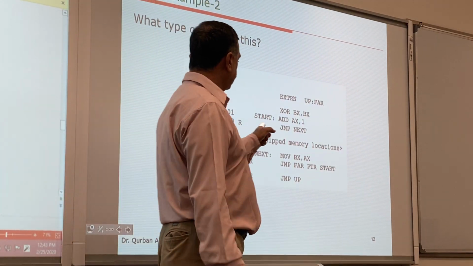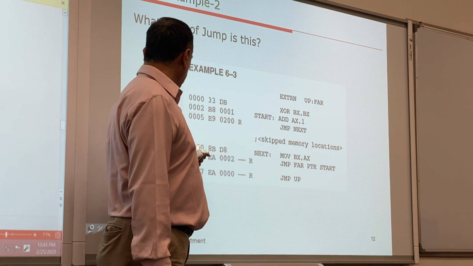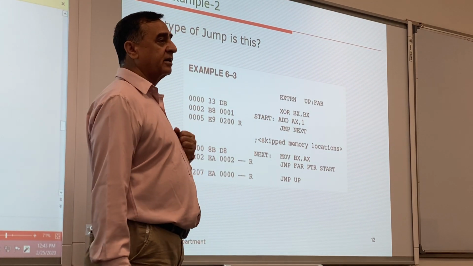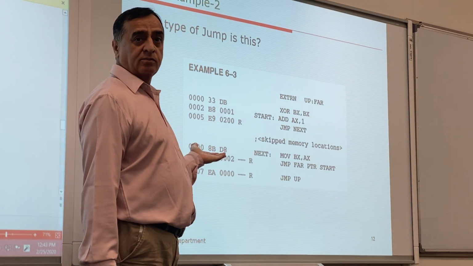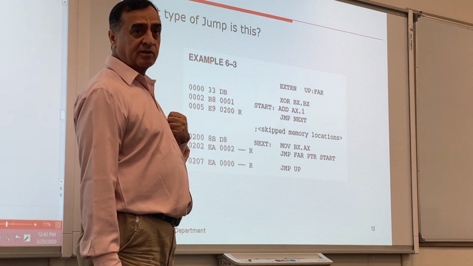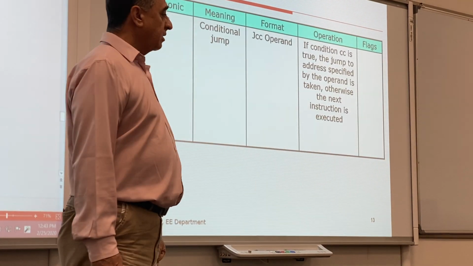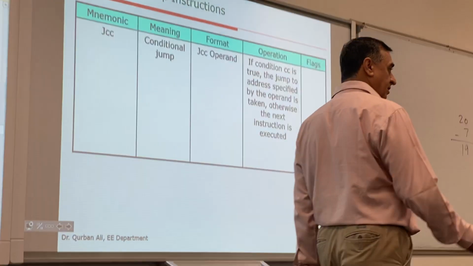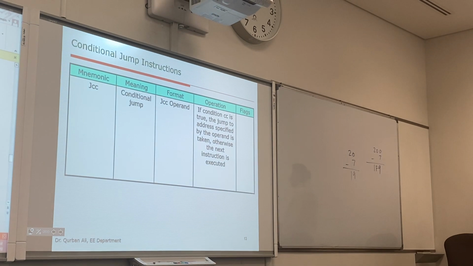Okay? Let's go to this one. Jump. Next. Where is next? To 200. From 5 to 200. Near, because it will be again more than a byte but less than 16 bits, right? So this is near. So this is how we see the jumps, whether they are short, near or far.